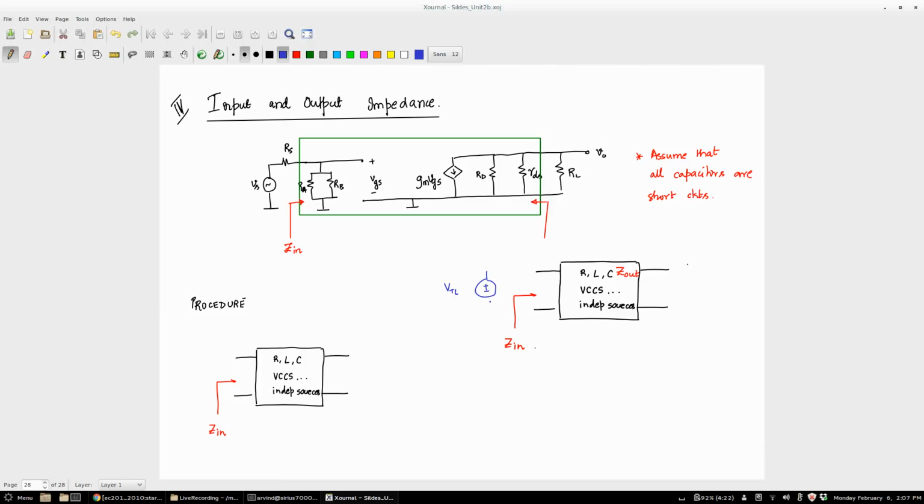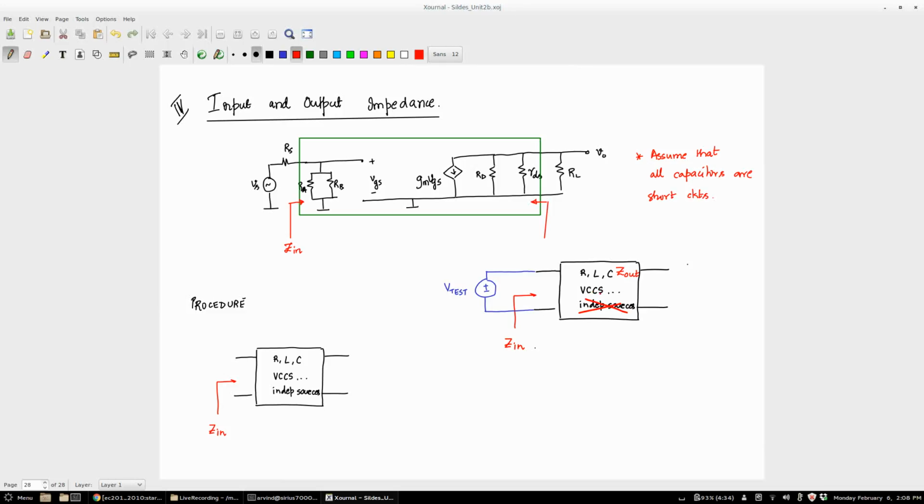So, this is the procedure. What do you do basically? Thevenin is one way, but what is the most general way of doing it? Exactly. So, I can energize this with a V test, correct?